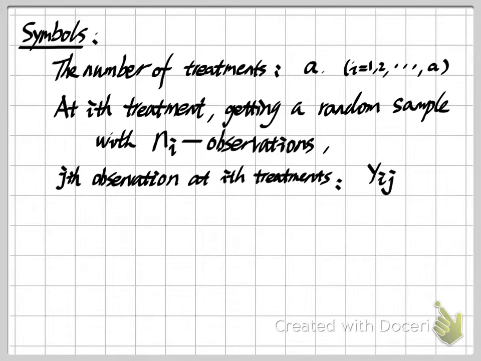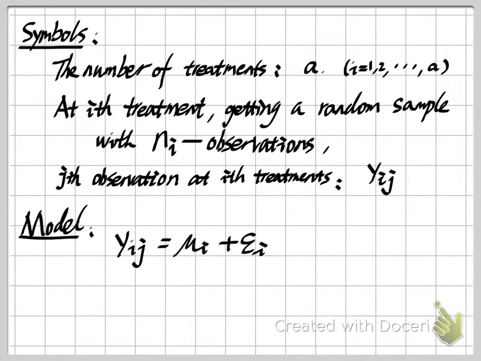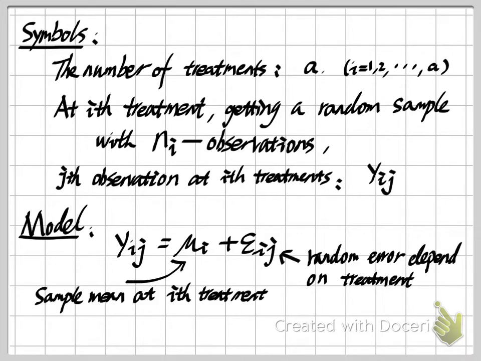So what we can do is write a model, or we say an equation, for this data. So the equation is Yij equals mu i plus epsilon ij. So mu and epsilon are both Greek letters. And for the mu i, this is our sample mean at the ith treatment.